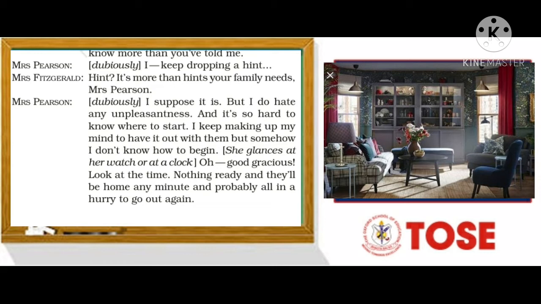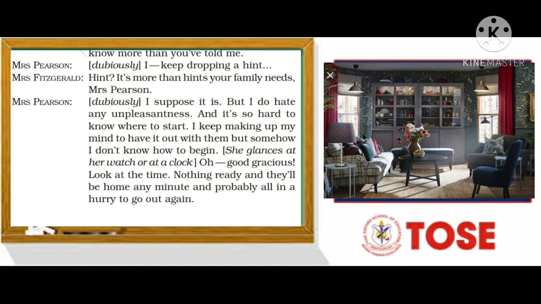As she is about to rise, Mrs. Fitzgerald reaches out across the table and pulls her down. So, looking at the watch, she realizes that it was too late.